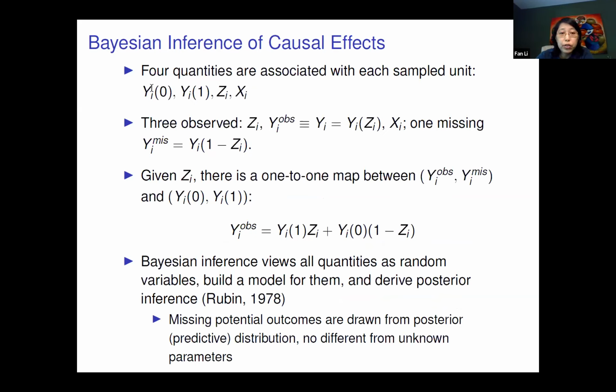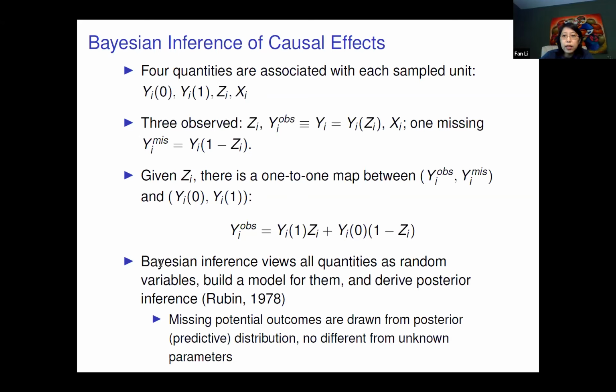For every sample unit, there are four quantities: y1, y0, z, and x. Three of them are observed and one is missing, the missing potential outcome. Given z, there's a one-to-one map between the observed and missing potential outcomes and y1, y0. So this is all pretty simple.